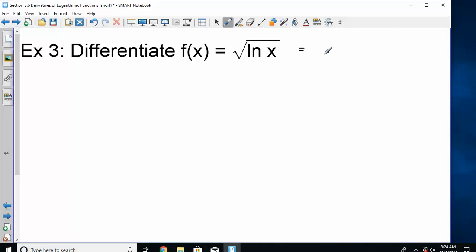This could be written as the natural log of x to what power? 1/2. Square root is a 1/2 power. Okay, so then the derivative, we have to start on the outside. Derivative of the outside, so the 1/2 comes down, inside stays the same. Subtract 1 from the power.